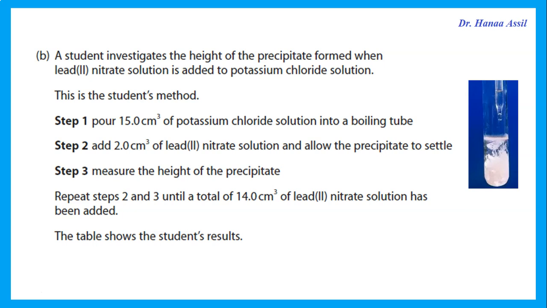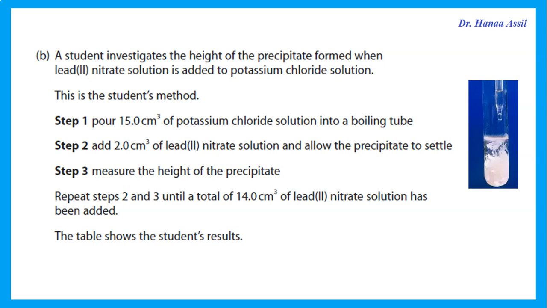Remember that a precipitate means we added 2 solutions and we got a solid coming out of the solution like that. So that is called a precipitate. Allow the precipitate to settle and measure the height of the precipitate. Repeat steps 2 and 3 until a total of 14 cm³ of lead nitrate solution has been added.